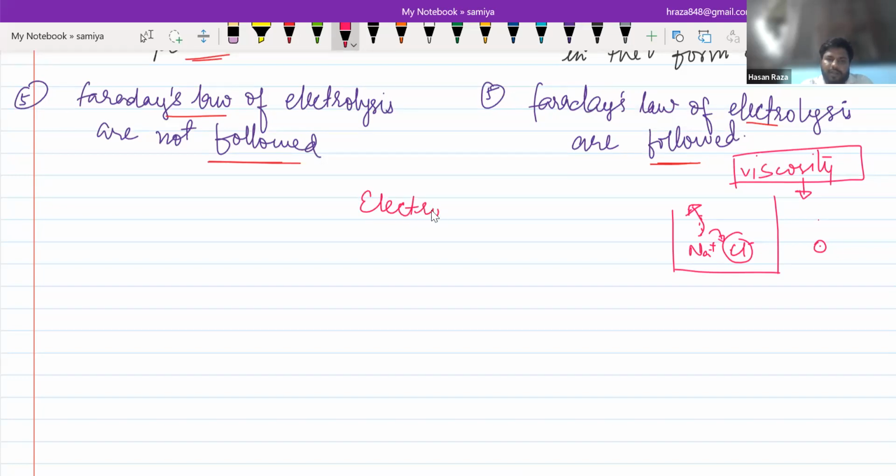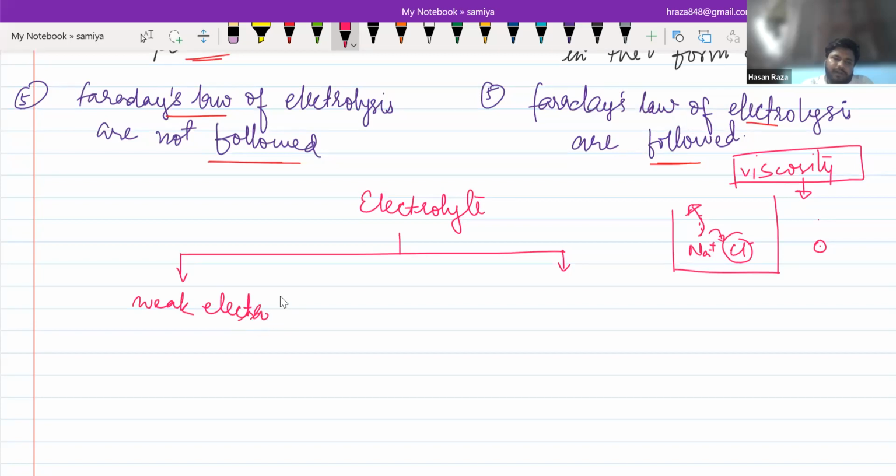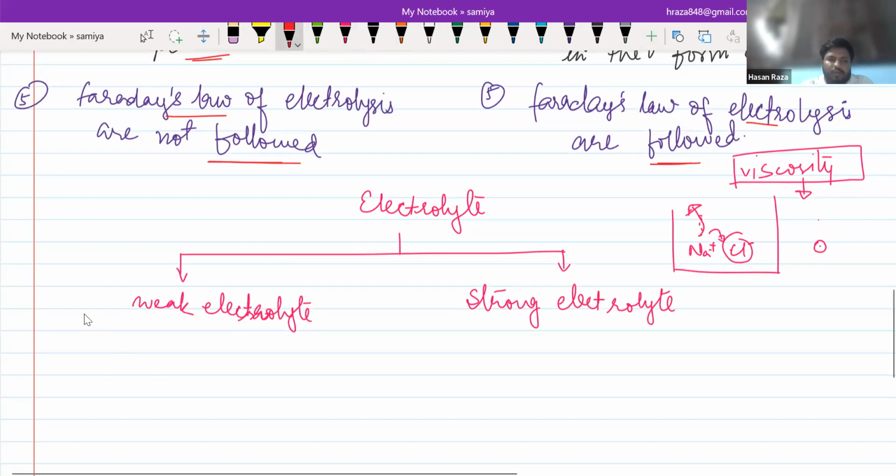See, we have two types of electrolytes. The first one is weak electrolyte, and the second one is strong electrolyte. So basically, what is a weak electrolyte and what is a strong electrolyte?